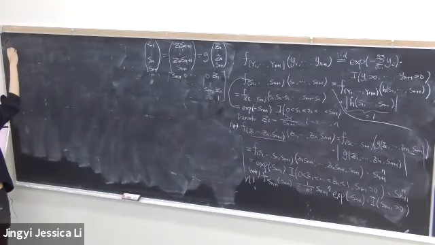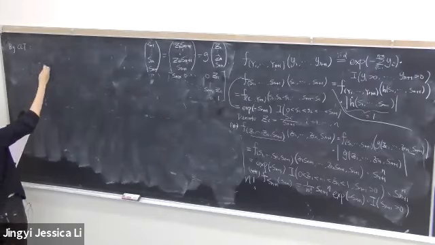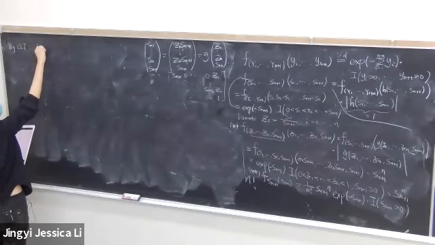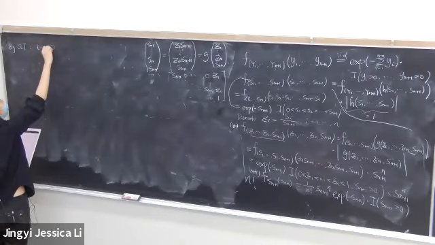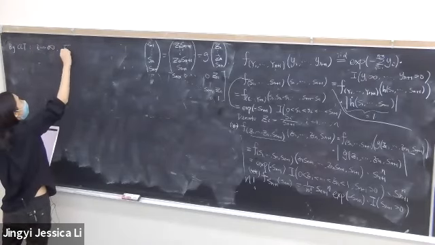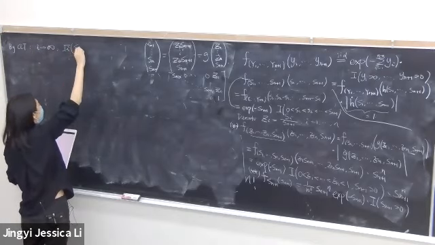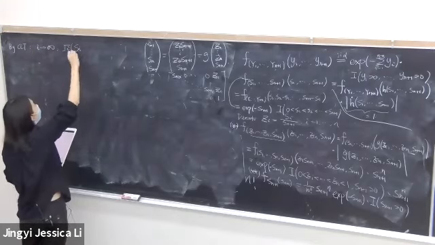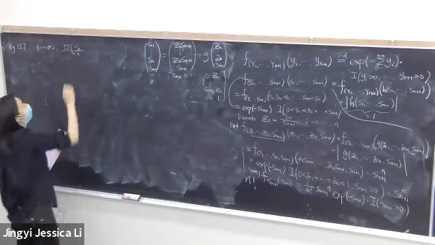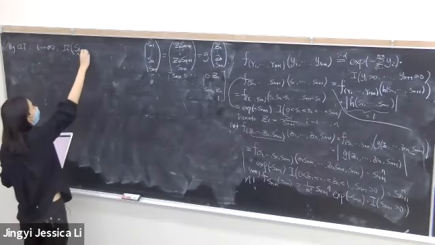So we recall that by the CLT, what we have is, as I goes to infinity, root I times Si over I, the average, minus the mean.